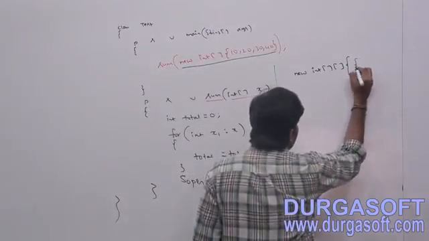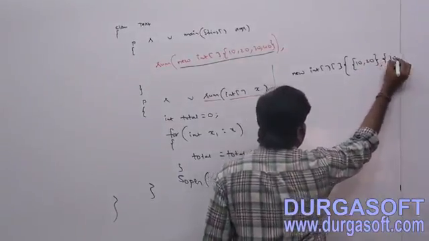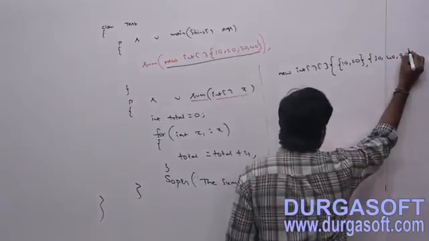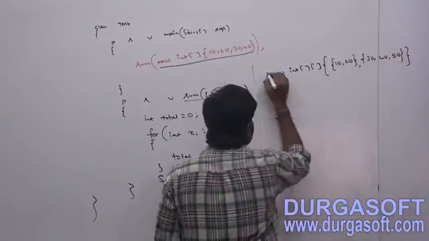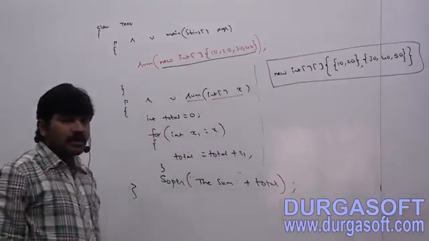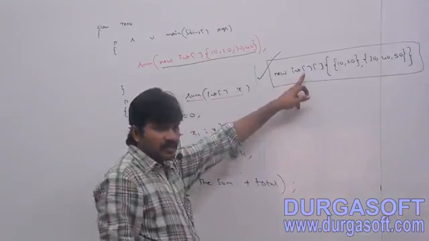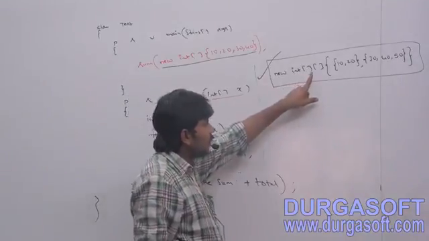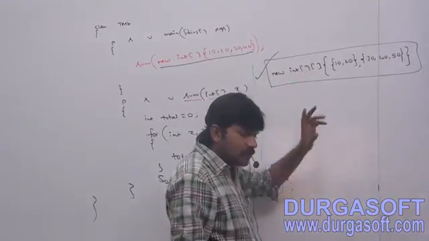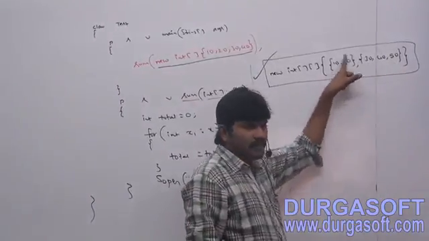Here 10, 20, 30, 40, 50, like this I am taking. New 2-dimensional array 10, 20, 30, 40, 50. Is it valid or not? Yes. What is the dimension of this array? 2 dimension. Here it is 1 dimension, where each element is another 1-dimensional array.